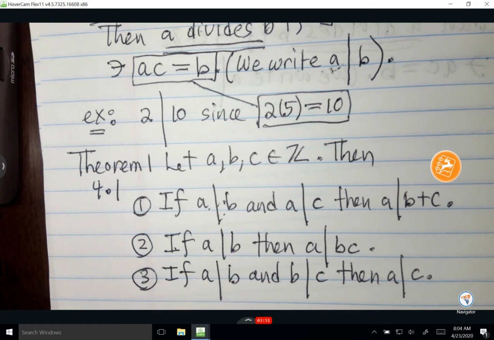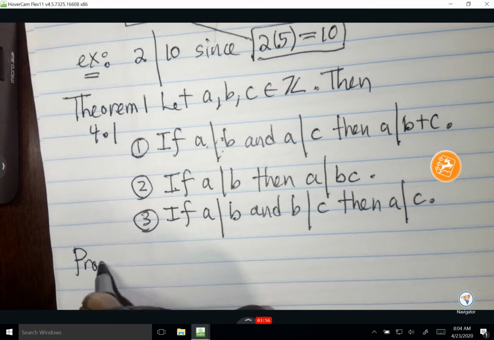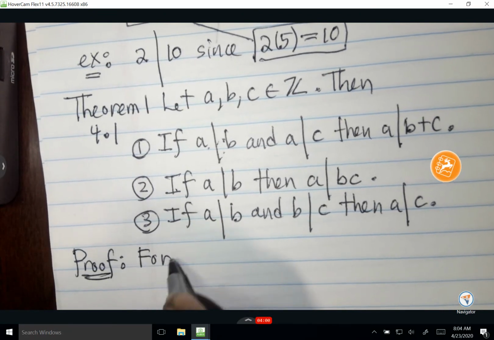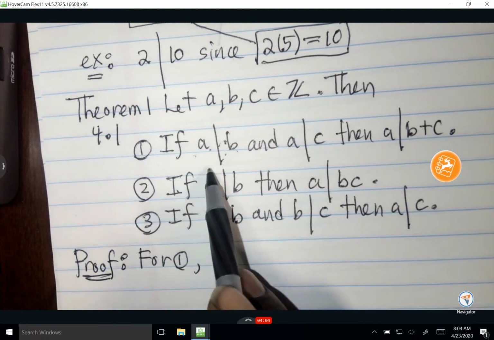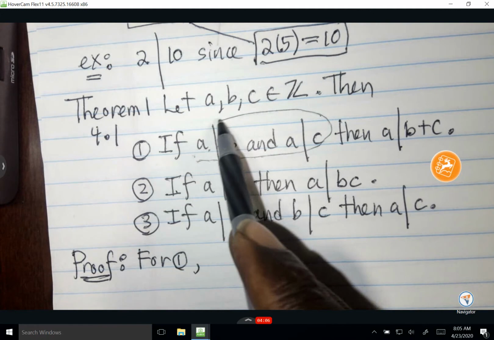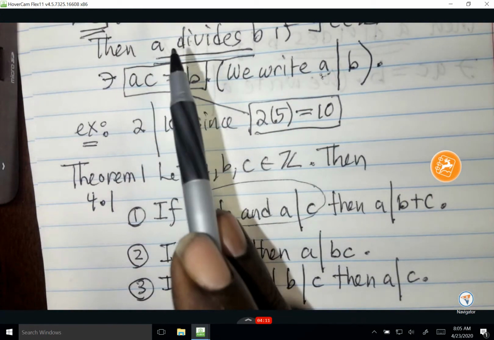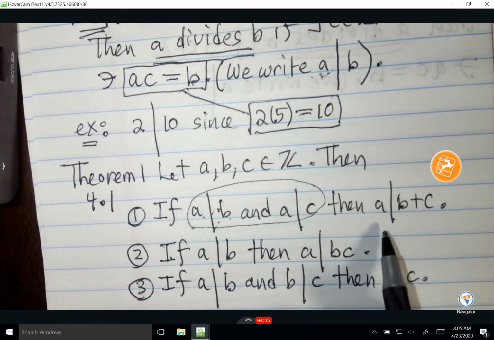Let's prove them. So let's go for thing 1. So proof for 1. To prove 1, we know A divides B and A divides C.